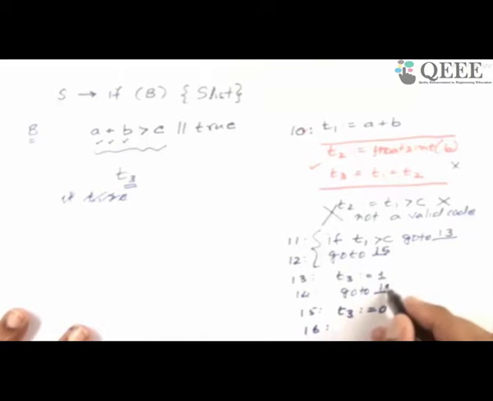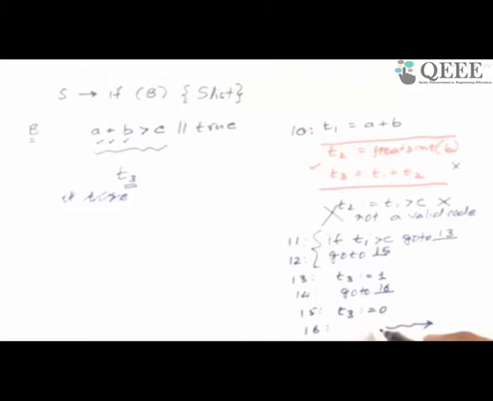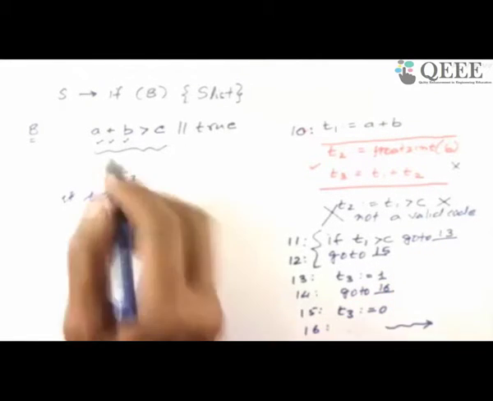Now you observe that when my control in the actual execution of the code reaches here, T3 has a value. It is 1 if this expression was true. It is 0, false, if the expression was false. And this we have generated while parsing and not even seen the end of the story. So we're getting the idea. This is what we would like to do. So semantic analysis says, I take an expression.